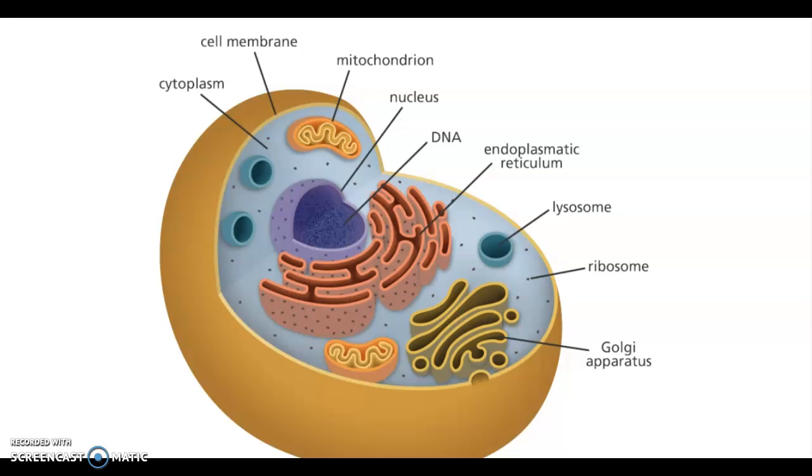If you all said the cell, you are 110% correct. Congratulations. However, the cell makes up living organisms, but what abiotic or non-living structure makes up cells themselves? If you answered the atom, aka what we're learning today, you would be correct.